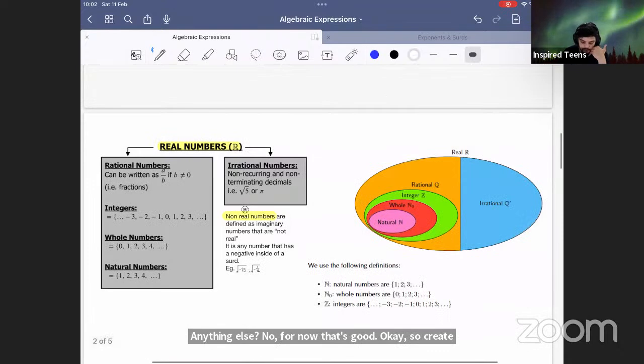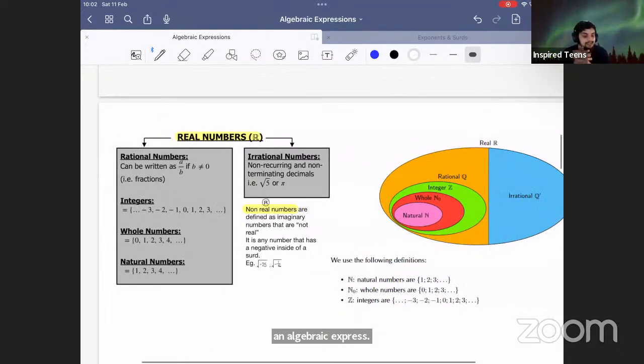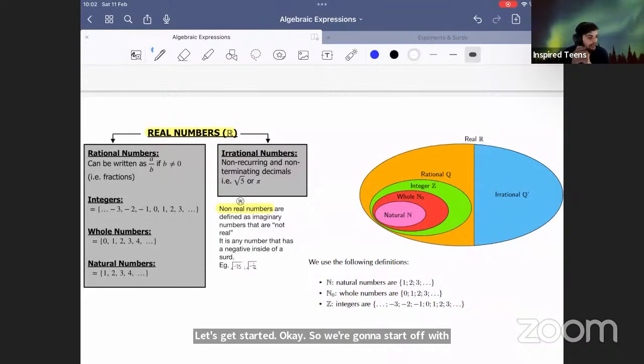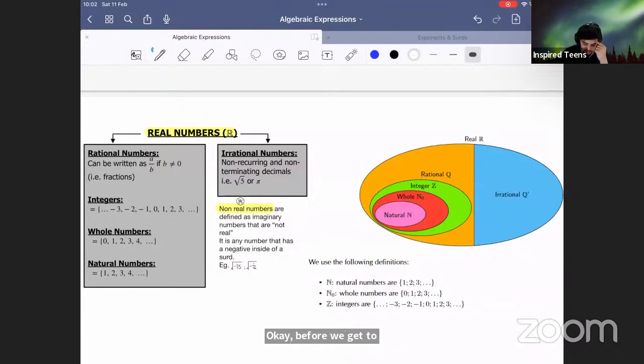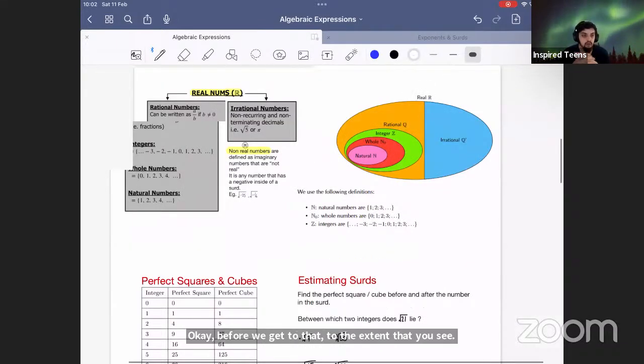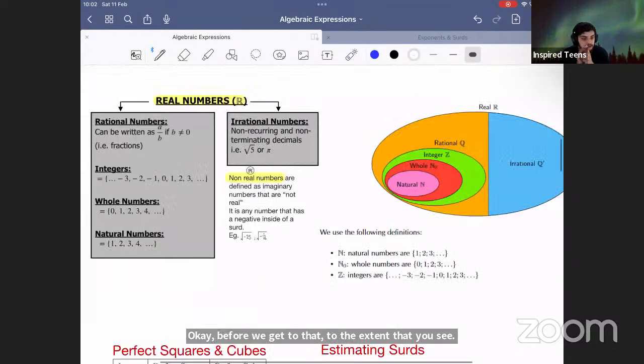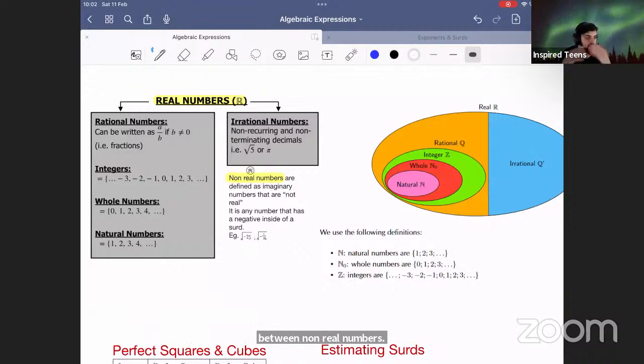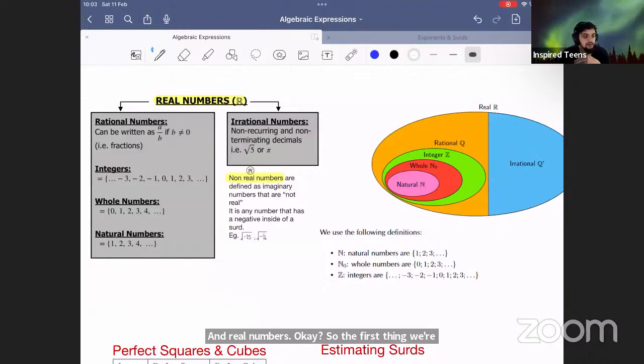So we're going to start off with going through some basics first, before we get to the expressions. We're going to go through the difference between non-real numbers and real numbers. The first thing we're going to define is non-real numbers. We're going to take it simply.